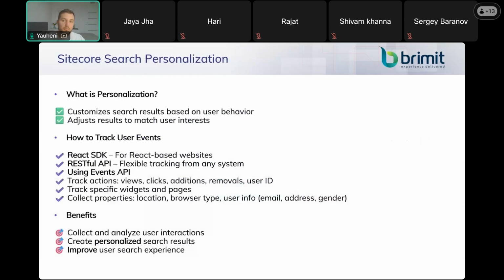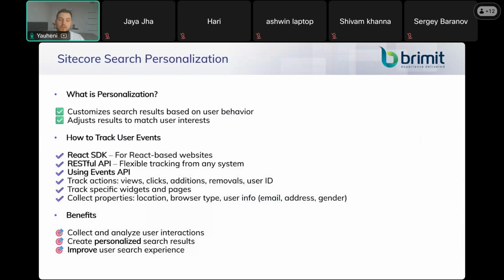Now let's talk about an important feature in Sitecore Search. It is personalization. Personalization means changing search results based on user behavior. For example, if a user clicks on a product or visits a page with a special banner, Sitecore Search can show results that match their interest. To do this, we need to track user actions on the website and send this data to Sitecore Search.